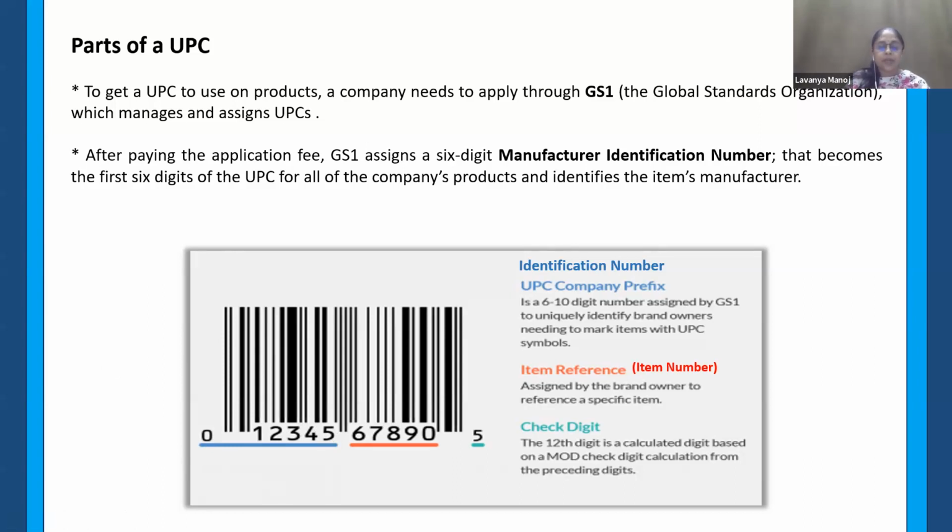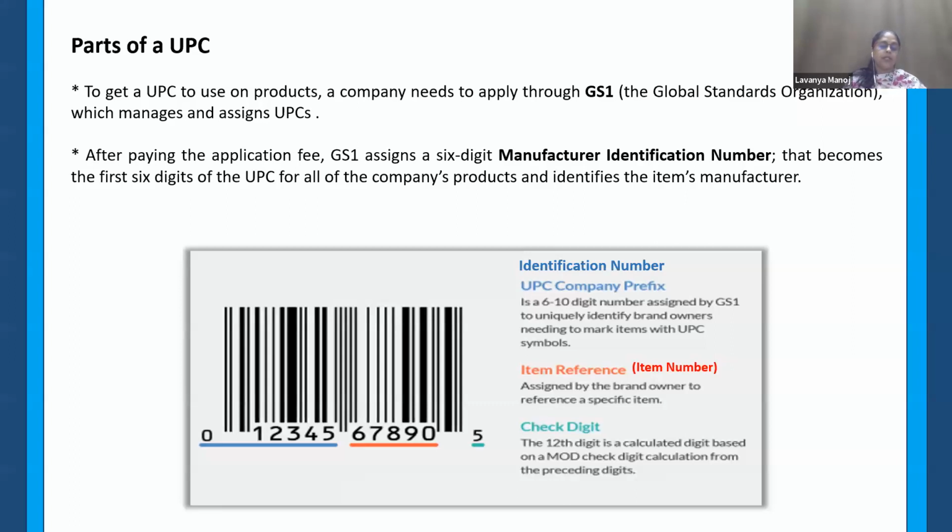The remaining 5 digits, I can give to them. It depends on the manufacturer, the maker of the product. The second 5 digits, which is the item number, can be chosen by me.